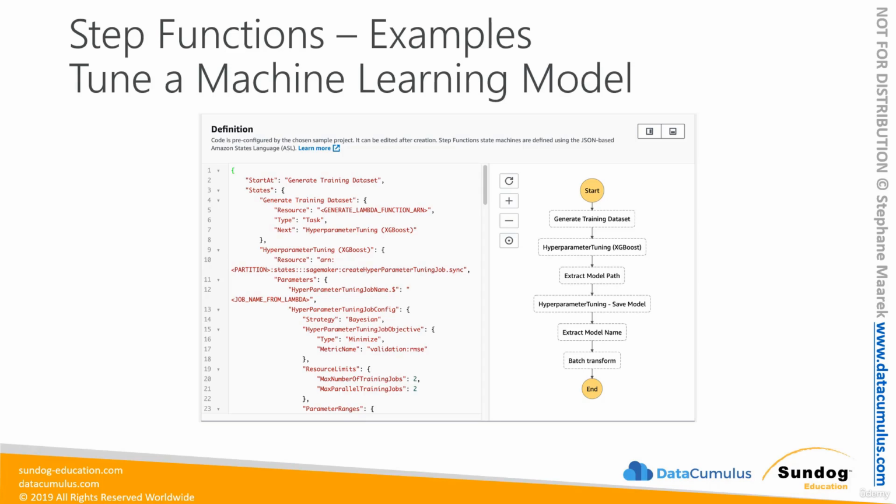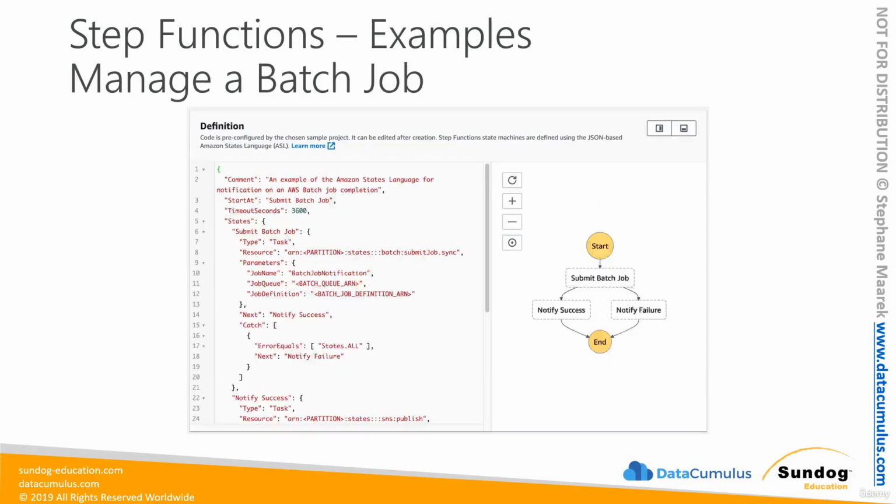We extract the model name of the tuned model, and then use that to apply a transformation of a bunch of data in a batch format to that tuned model automatically. So again, just an example of what you might use Step Functions for. It's not important for the exam to understand how machine learning works, but it is important to know that Step Functions can automate the process of generating your data set and feeding it into a machine learning model.